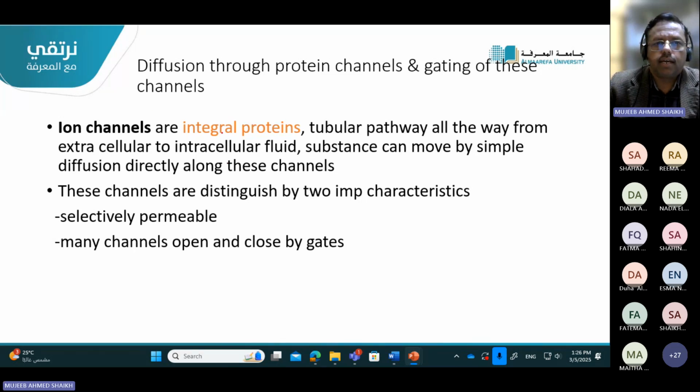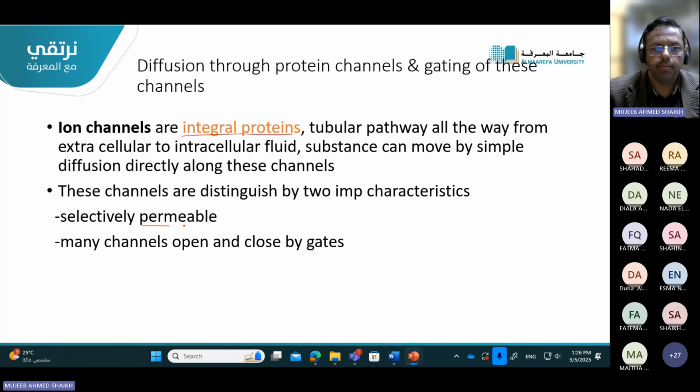Ion channels are an integral part of the lipid bilayer. These channels are present in the lipid bilayer, and they will allow the substances, according to their concentration, to move either inside or outside the cell. These channels are distinguished by two important characteristics.